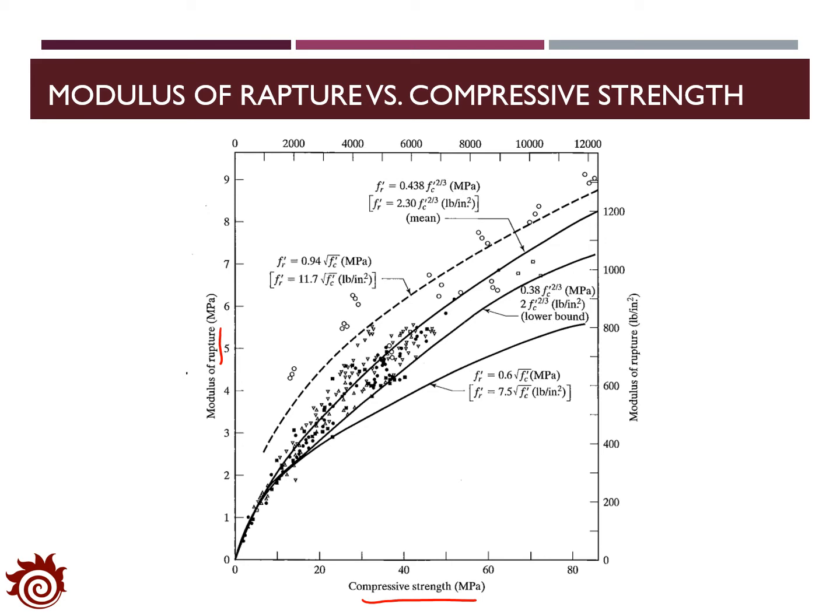The points in this figure come from the results of the experiment, and you can apply various models to calibrate the relationship between the modulus of rupture and the compressive strength. Basically, with a higher compressive strength, the modulus of rupture will be larger.